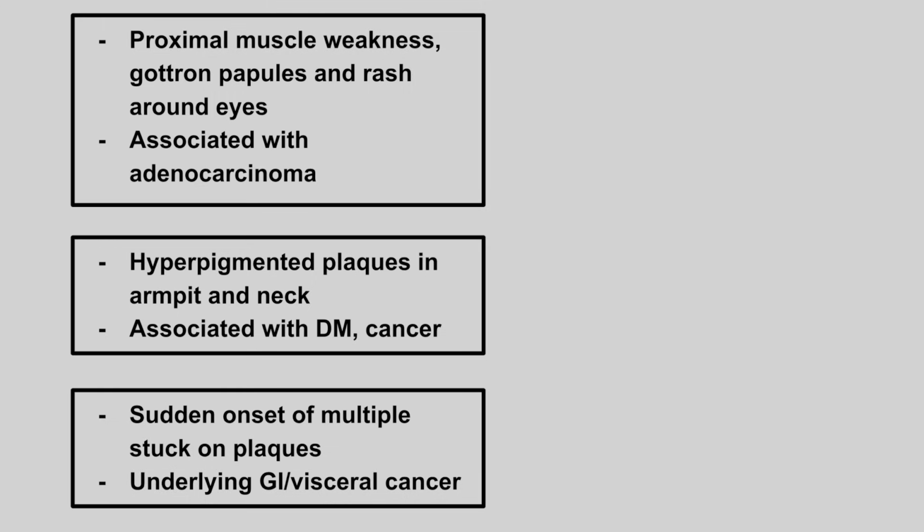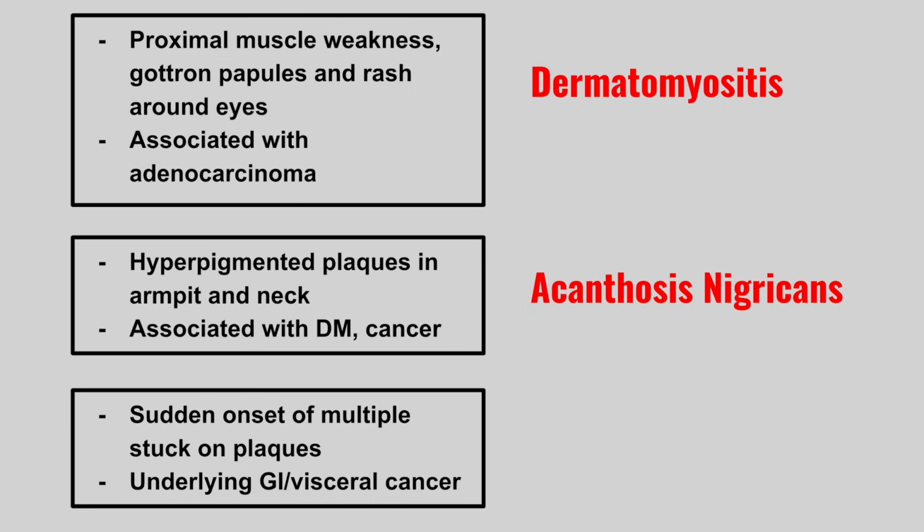So the first one is proximal muscle weakness, Gottron papules, and rash around the eyes, and it's associated with adenocarcinoma. This is dermatomyositis. Next, we have hyperpigmented plaques in the armpit and neck, and it's associated with diabetes and cancer. This is acanthosis nigricans.